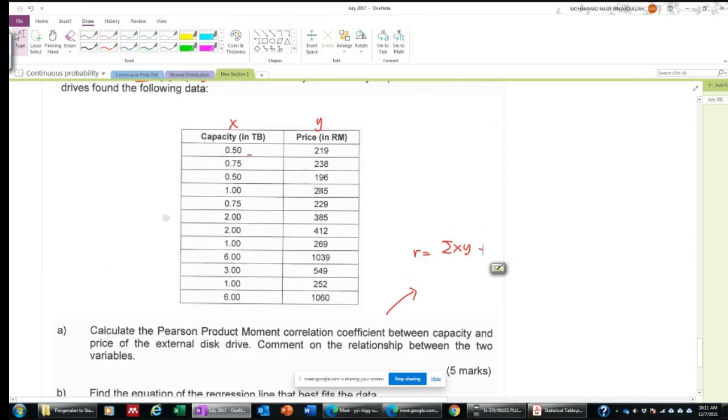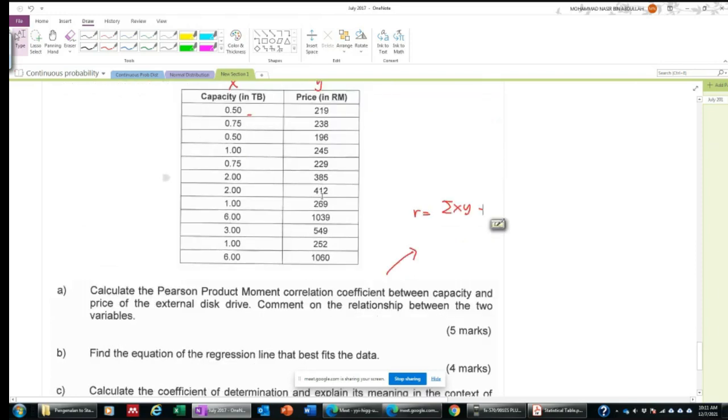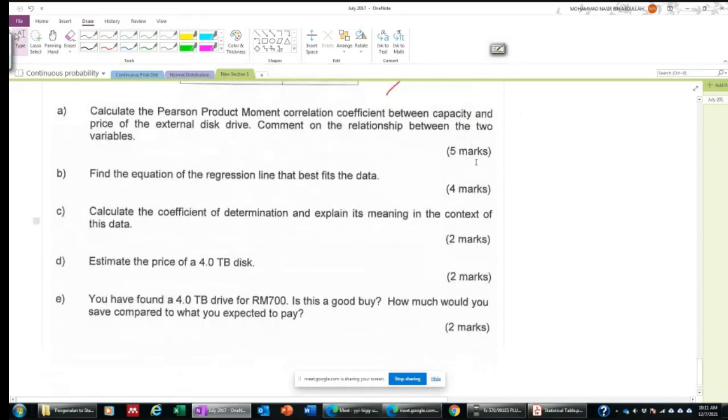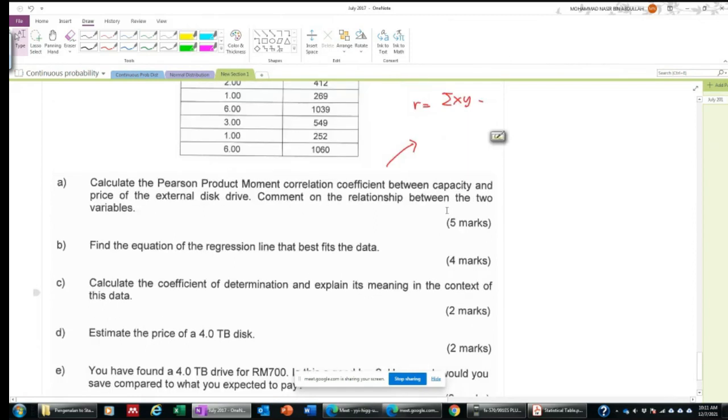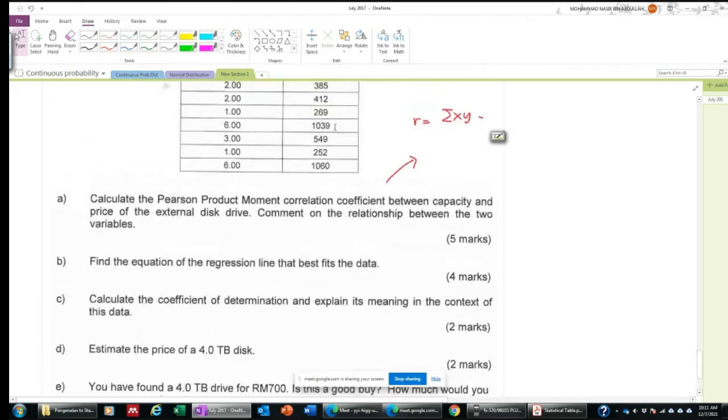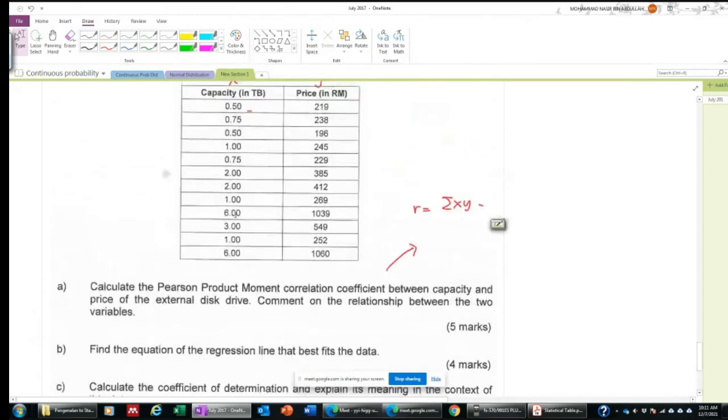And then you need to make sure you input all the data correctly in the calculator. If not, you will lose a lot of marks here. 20 marks lost, so be careful. Because this question is connected, if one is wrong, everything is wrong.